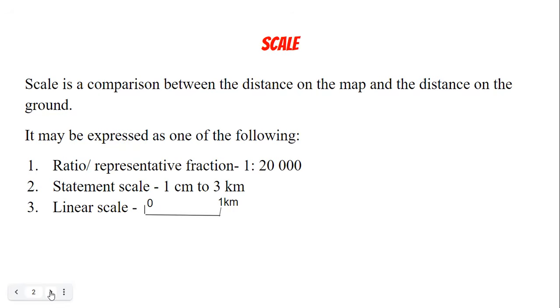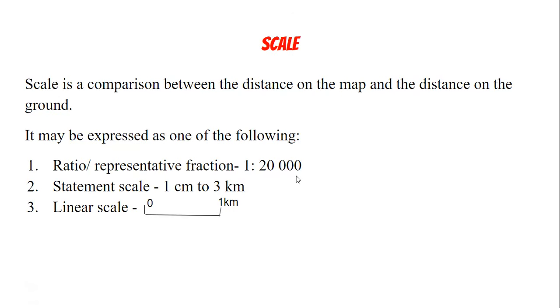All right, all three are showing map distance and ground distance. So for the ratio scale, the 1 is the map distance, the 20,000 is the ground distance. This type of scale doesn't normally have units.